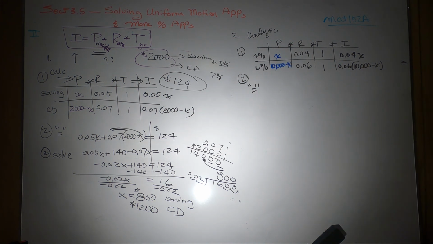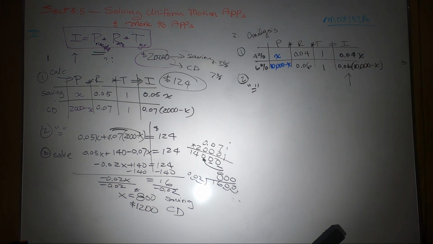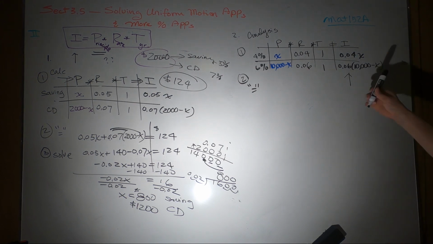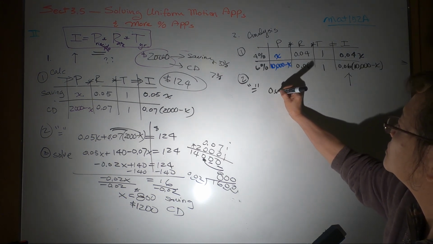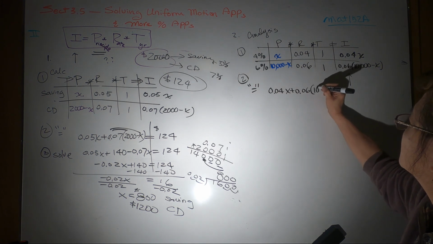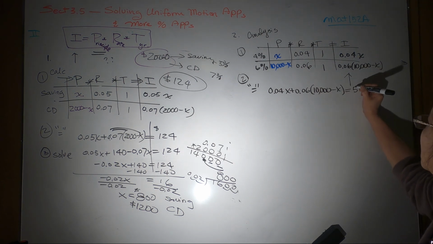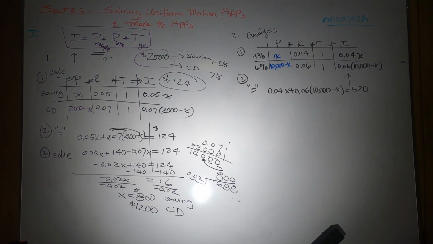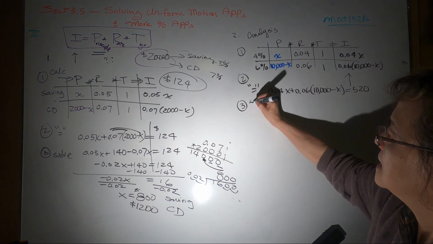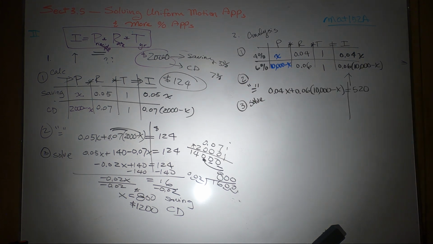It also says total interest will be what? $520 at the end of the year. So for both, what do you need to do? You will add them together, right? 0.04x plus 0.06 times 10,000 minus x, we should get what? $520. Then next step we will do is solve the linear equation, like here, right?